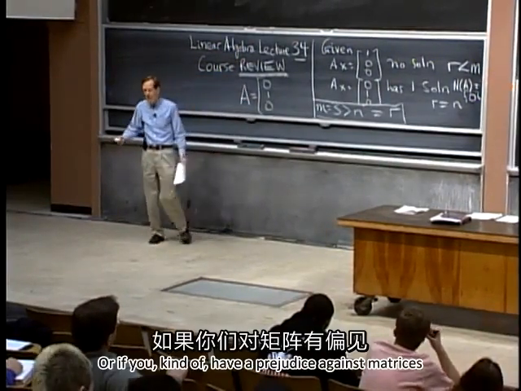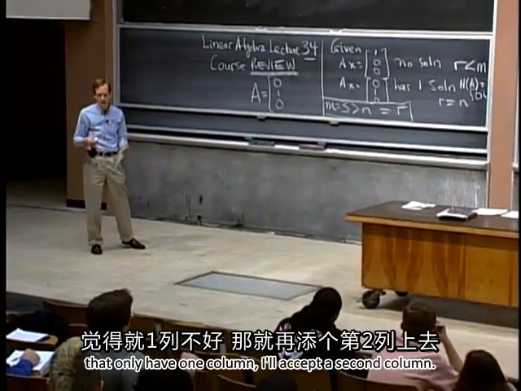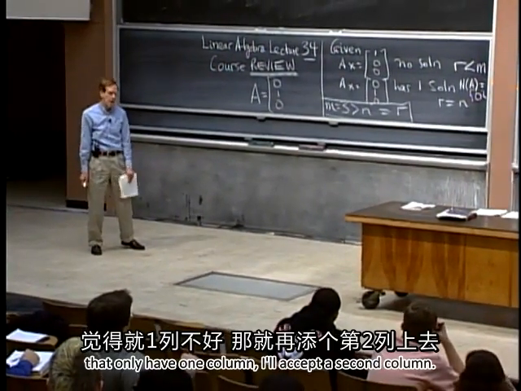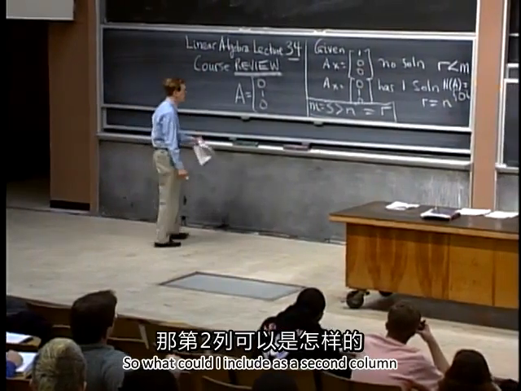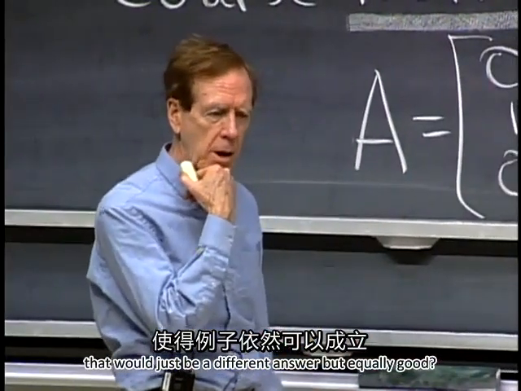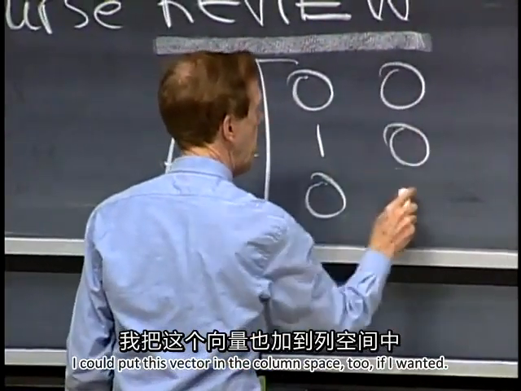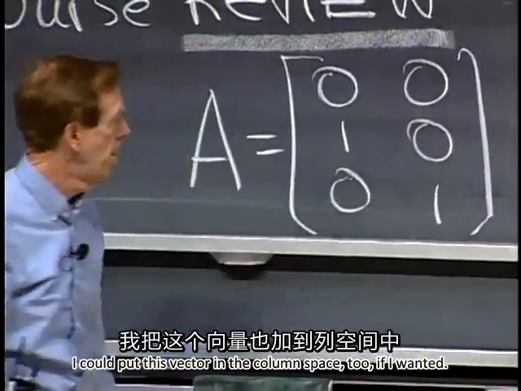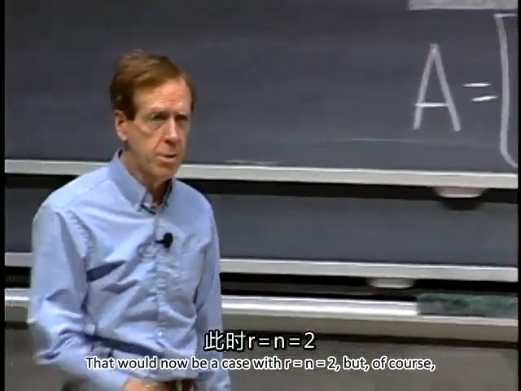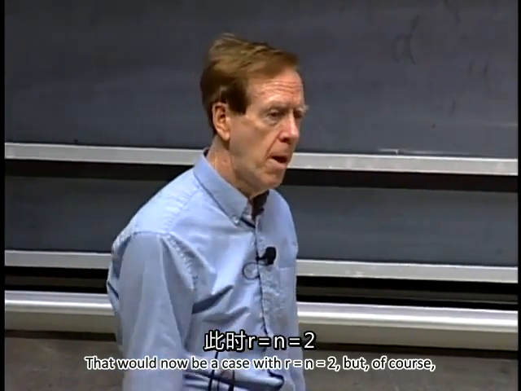Or if you have a prejudice against matrices that only have one column, I'll accept a second column. So what could I include as a second column that would be a different answer but equally good? I could put this vector in the column space too if I wanted. That would now be a case with r equal n equal 2.